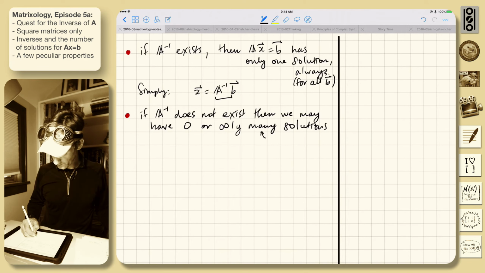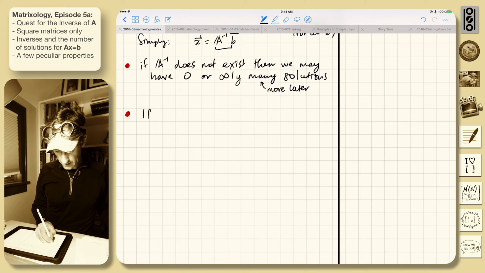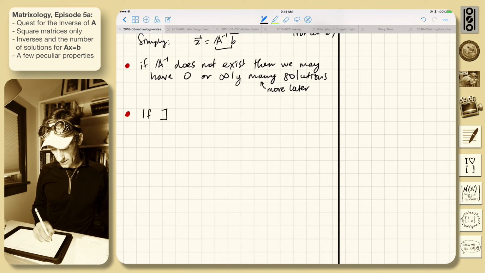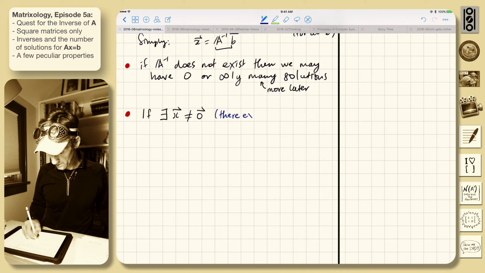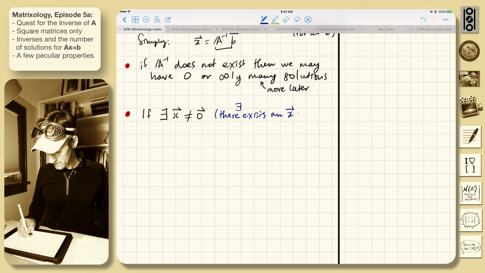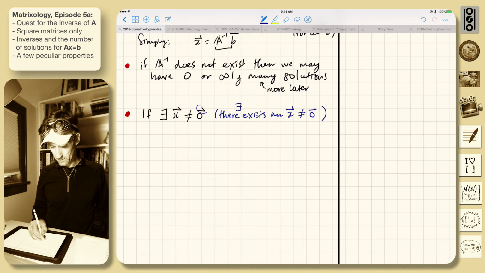On the other hand, okay, so this is good. So if, and this is sort of funny notation perhaps for some of you, there exists, that's what that backwards E is, an x not equal to the 0 vector. Very important that that's a 0 with a little hat, that's a vector.